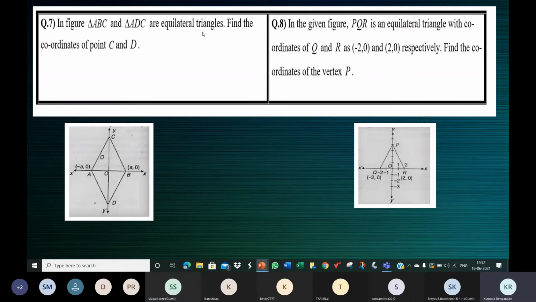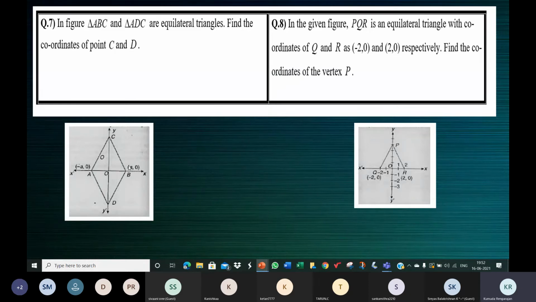Triangles ABC and ADC are equilateral triangles. By no means can we find BC directly, but since we know AB, it's A units here and A units here. You can make it from the coordinates A comma 0 and minus A comma 0, so A plus A is 2A.